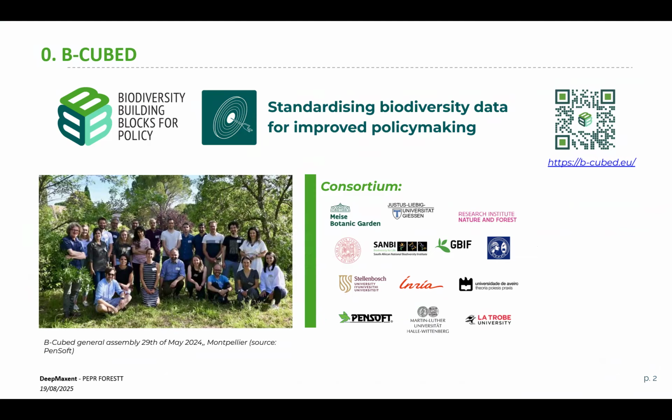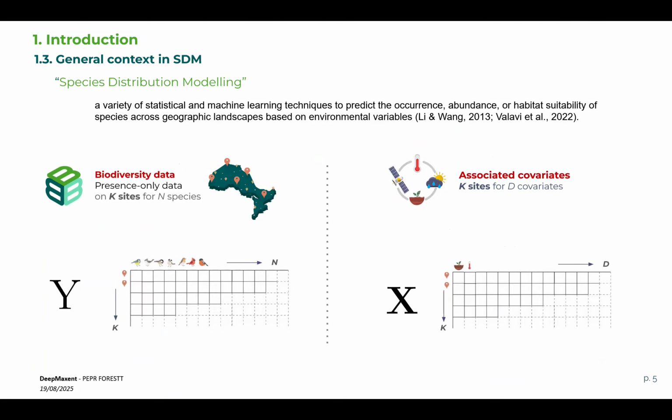So what is SDM? Species distribution modeling refers to a set of statistical or machine learning methods used to predict species occurrence, abundance, or habitat suitability based on environmental covariates. In practice, we can think of it as two matrices.